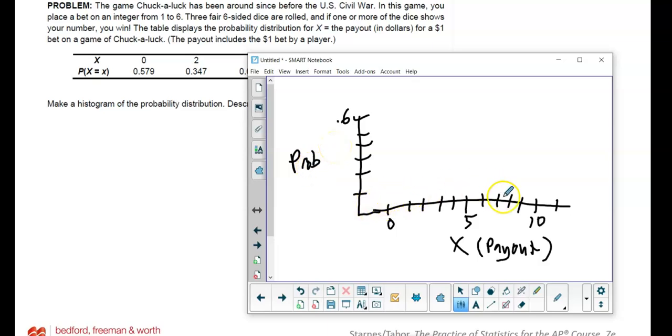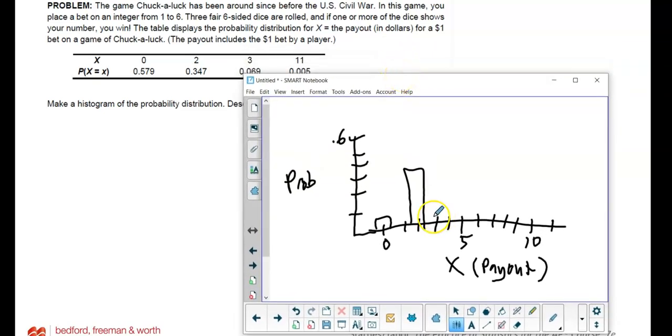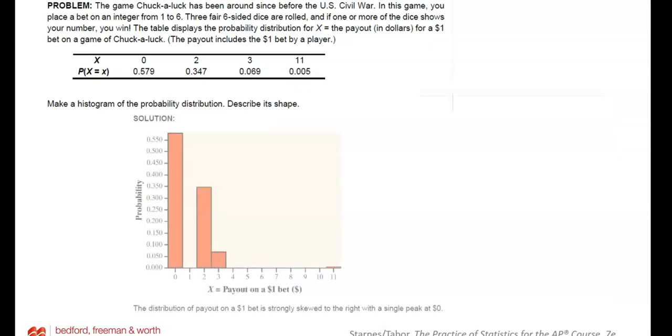You're going to make your histogram bars, but your bars are not going to be all connected here because you get a bar at 0, about 0.58, something like that, and a bar at 2, 34.7, and a bar of 6.9 at 3. And then at 11, you have 0.005, so it's very small. It's hard to draw it that small. See if that looks anything like it.